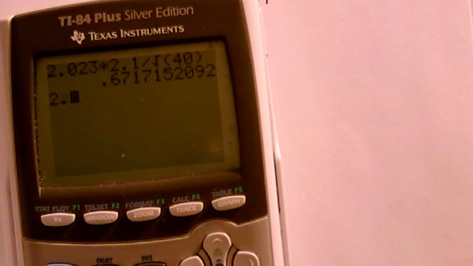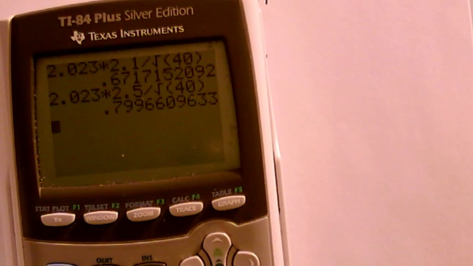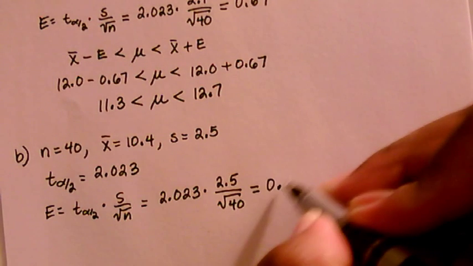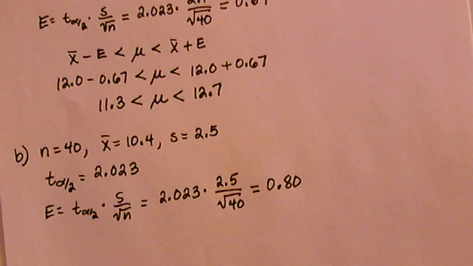So in this case here, 2.023 times 2.5 divided by the square root of 40. And this is 0.799660963. To 2 decimal places, it'll be 0.80. So your margin of error is 0.80.